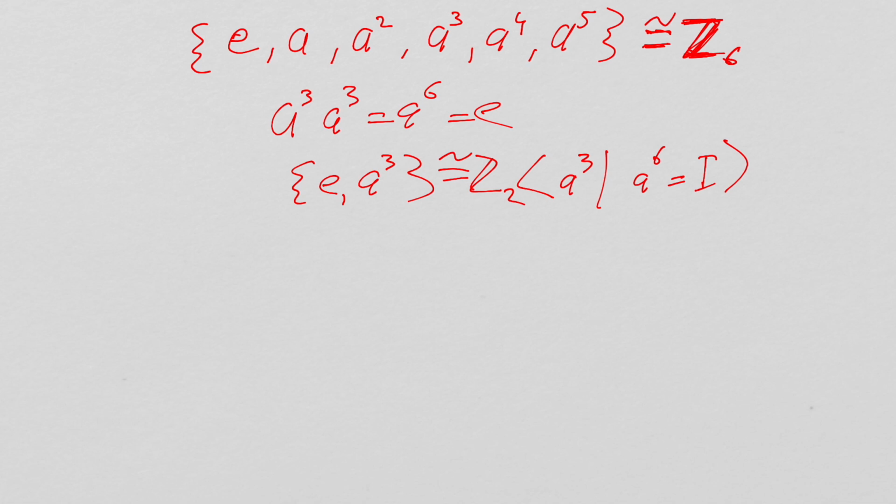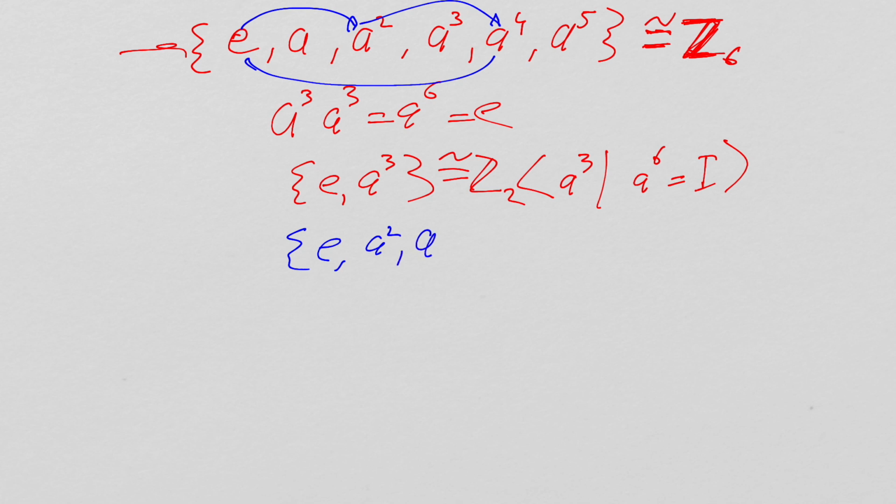But it also has a cyclic subgroup of order 3, because you could go A squared, A to the 4th, and then back to E, right? So it also has the group E, A squared, A to the 4th, which is disjoint from the other one except for the identity element.